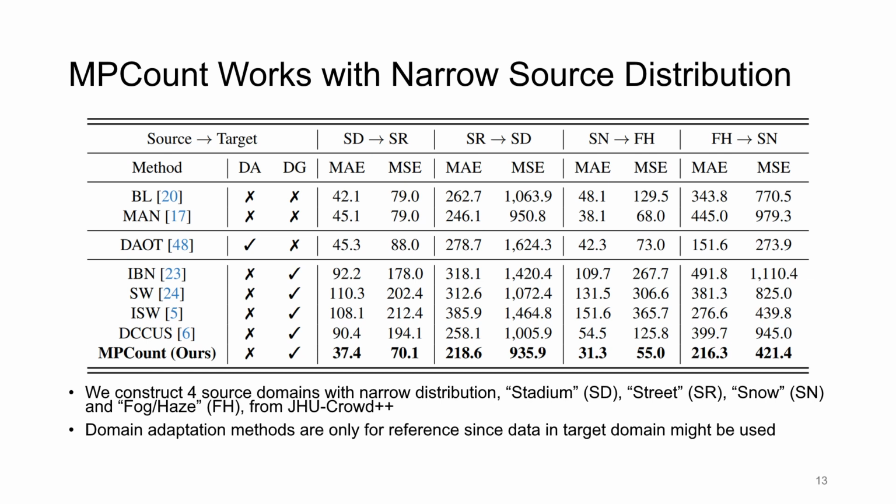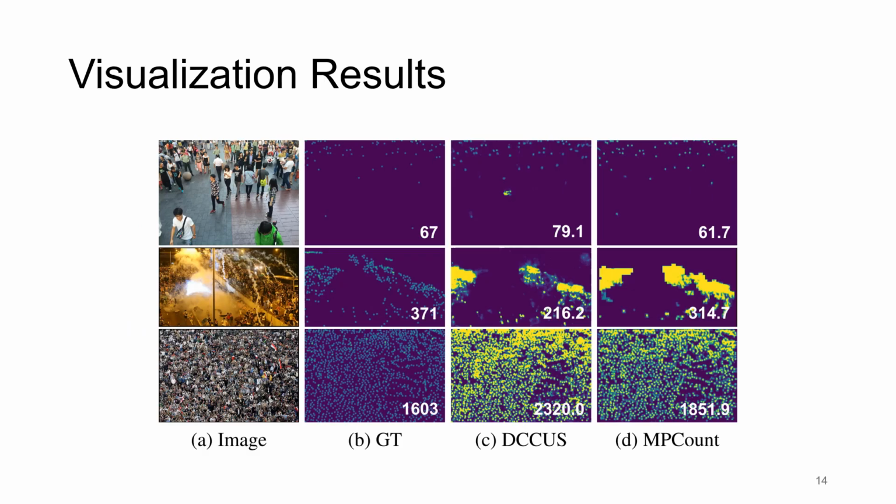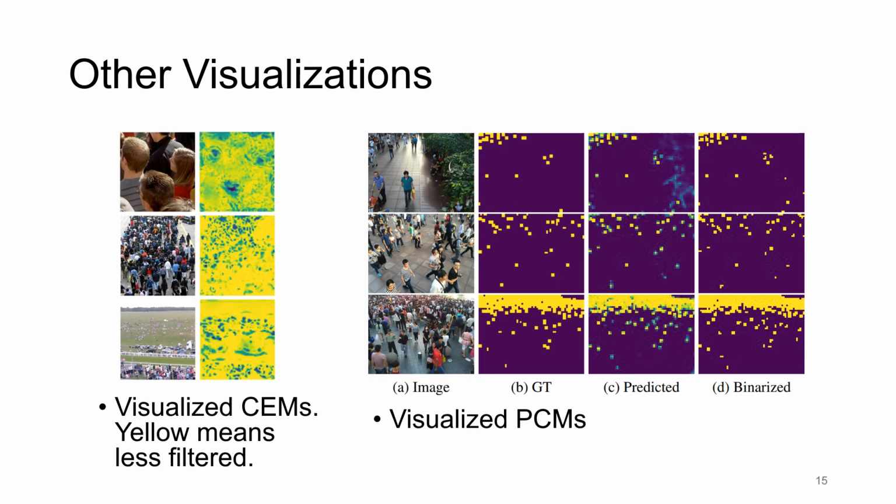And in such cases, our MPCount also outperforms all other methods. In the visualization results, you can see that there are no artifacts in the predictions of our MPCount that can be found in previous methods. Other visualizations also validate the effectiveness of our proposed components.